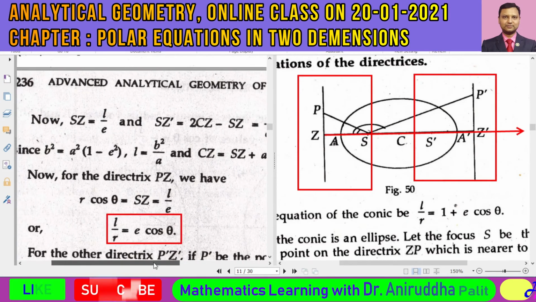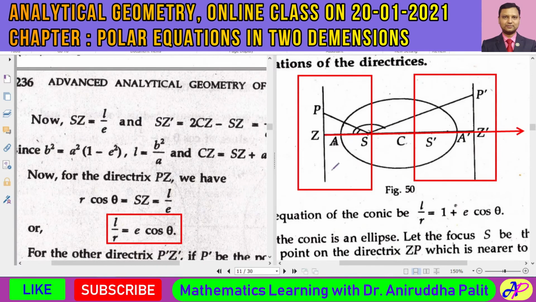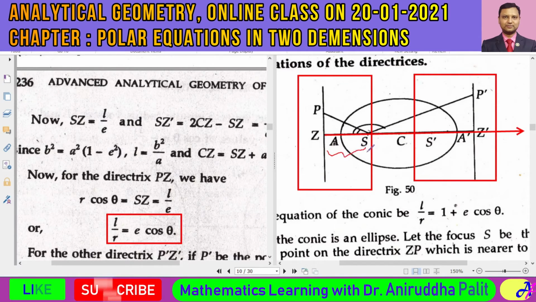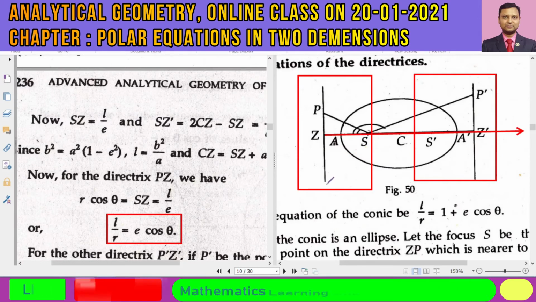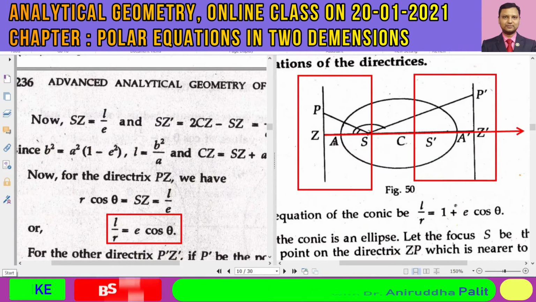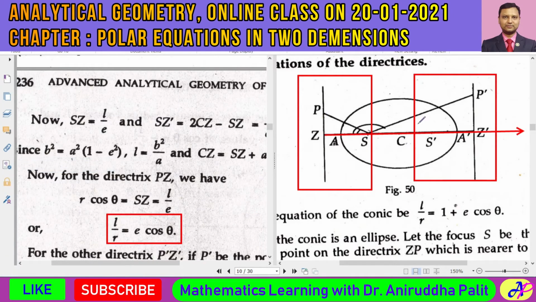What is the distance SZ? Now let me show you a picture in order to understand what would be the distance SZ. Let me firstly consider this kind of picture.